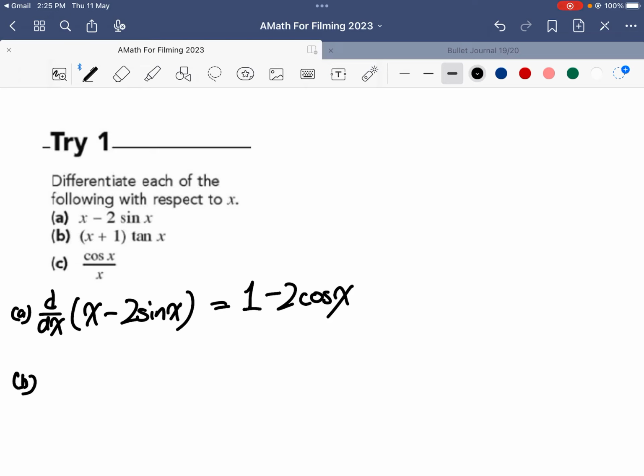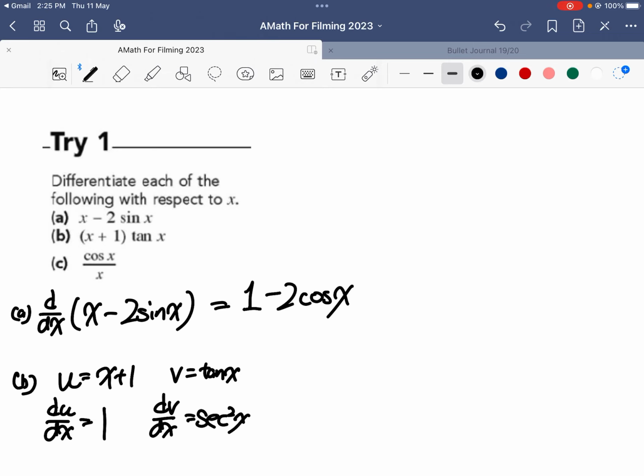For part B, this is once again an issue about the product rule itself. x plus 1 is u, tangent x is v. So u is equal to x plus 1. Differentiating u with respect to x gives me 1. v is tangent x. Differentiating v with respect to x will give me secant squared x.